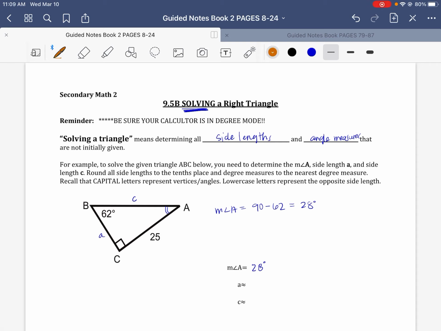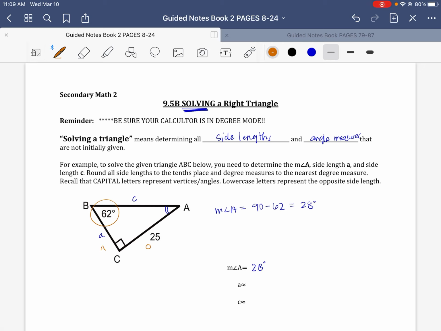Then I move to find something else. If I want to find a or c, remember trigonometric equations, you can find one part at a time. So let's use 62 degrees as the reference angle, since it's given. And we are also given the opposite leg over here, so I'm going to label that O. Let's say we want to find little a first.